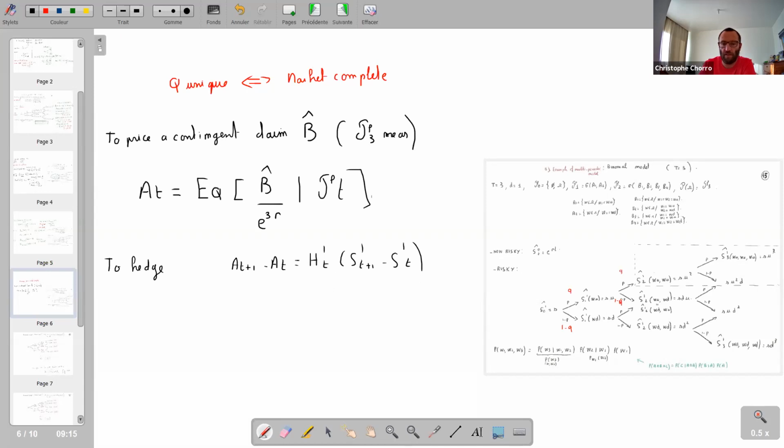So it's exactly the relation I used in the one period model, implying that H1_t may be computed this way.